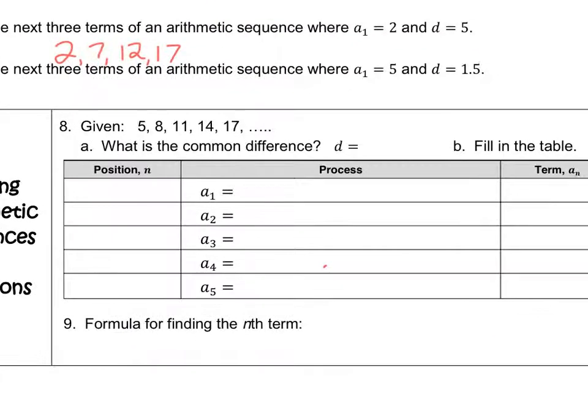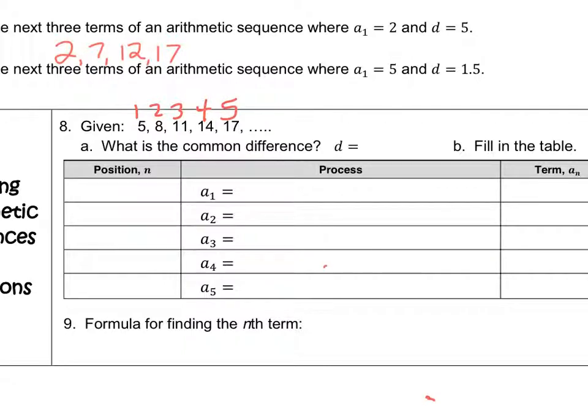And the thing I want you to get really good at when you see a pattern is to first say, I need to label my terms. So I have a pattern here. They've given me the pattern. What I need to do is label that this is my first term, and this is my second term, my third term, fourth, and fifth.